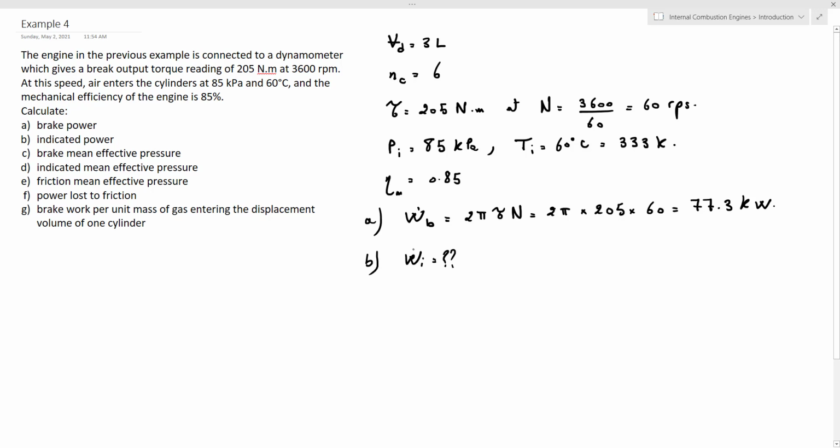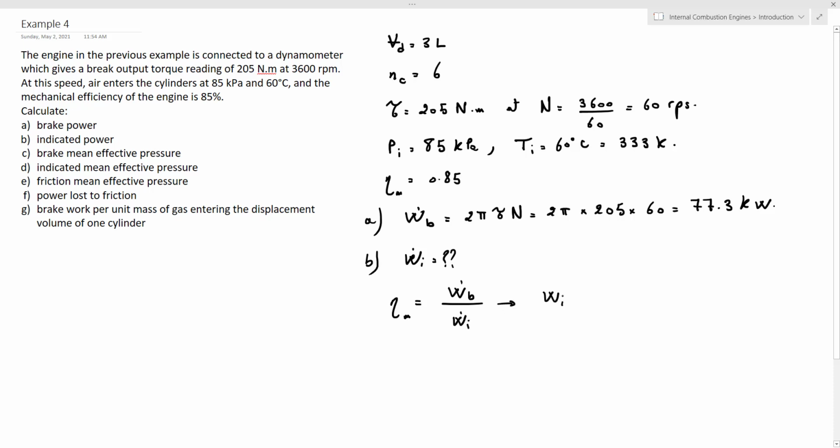So of course here the indicated power will be greater than the brake power, as we said, due to losses. So the indicated power is the power transferred from the gas to the piston, and the brake power is the power transferred to the crankshaft. So eta mechanical will relate the indicated power to the brake power. So it is equal to the brake power divided by the indicated power.